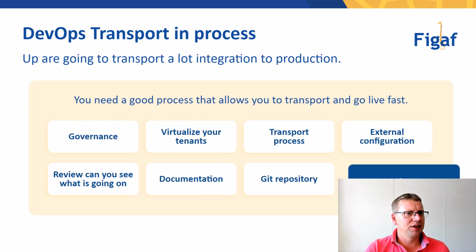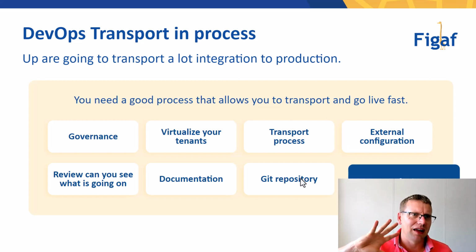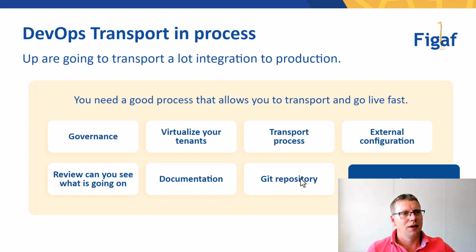I did briefly mention the DevOps process, as it is one of the key aspects of this tool that will allow you to handle transports in a seamless way. One of the things we recommend, and that is an integrated part, is our DevOps tool.